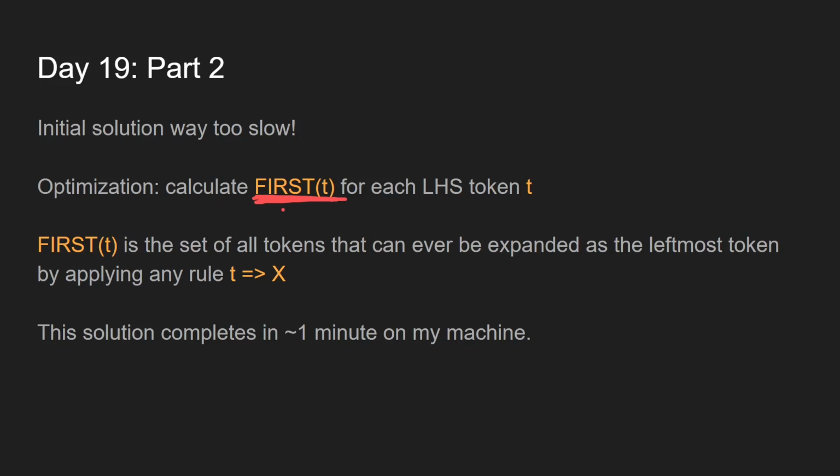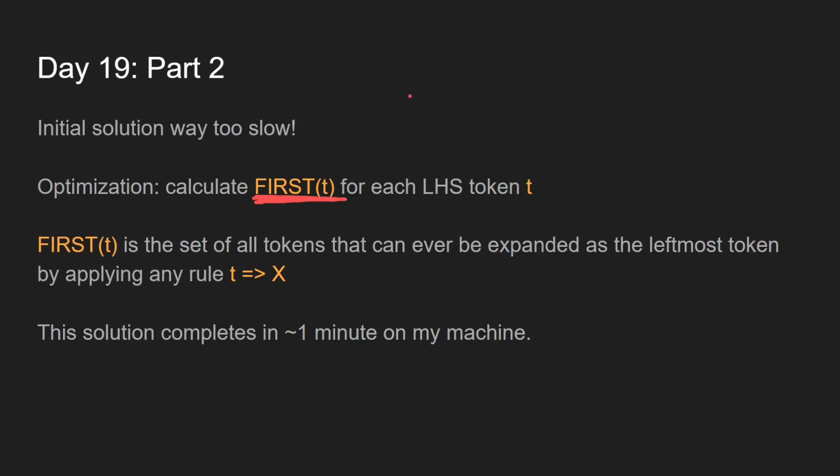So the first set of a token t is all of the possible tokens that can occur as the first token when you apply any rule to t, and then recursively any other rule, continuing until you've explored all possibilities.